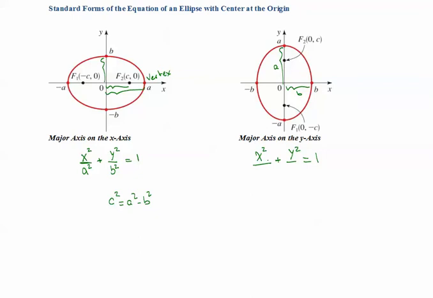I have b in here, which is b squared, and what goes under the y, we have the major is on the y, so I have a, so it will be a squared. As you see here, if the major axis is the x-axis, what's under the x is the largest. And if the major axis is the y-axis, the number under the y will be the largest.